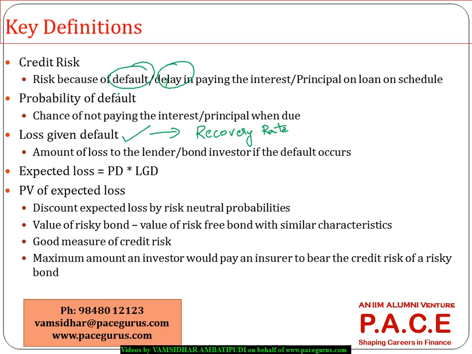So either we may state the loss given default or the recovery rate and derive the other. And in the credit risk world, we use another important definition called expected loss. Generally, expected loss is probability of default times loss given default.